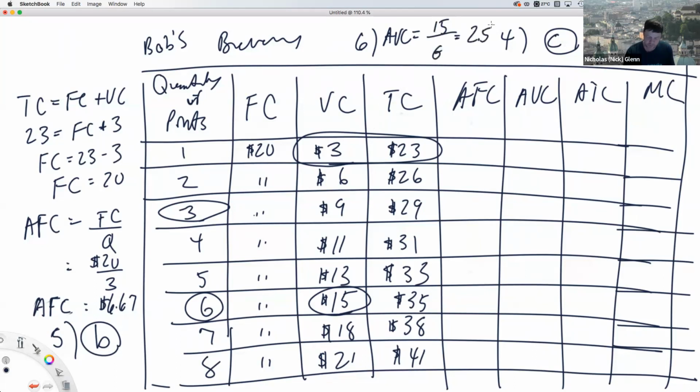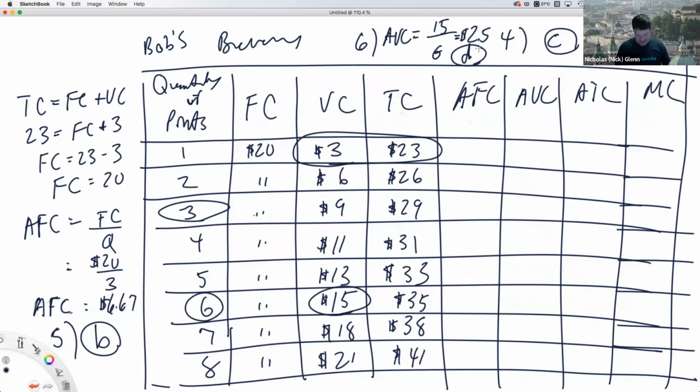So that's 2.5, right? $2.50. And so that's going to be D. Right. 6 is D here. So the variable cost for each unit, on a per unit basis is essentially 2.5 here is what we're saying.